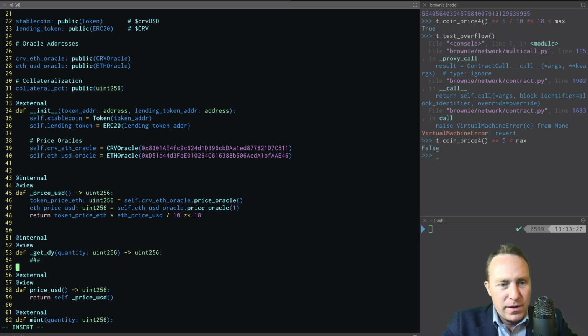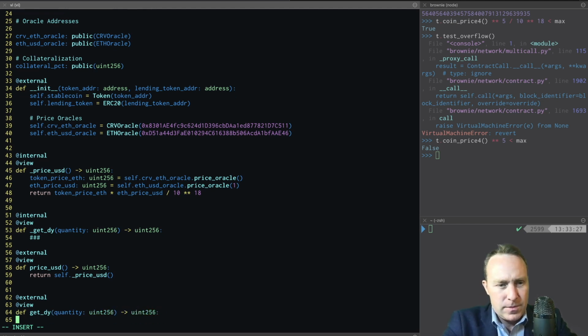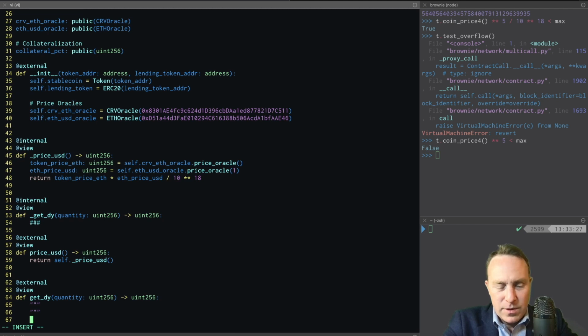And then we're going to run some math here. Then after we're done, we're going to add a new external function that's going to be the public-facing getDy. This one we'll give some doc strings for, and it's simply going to call the internal getDy function for the quantity that's passed.